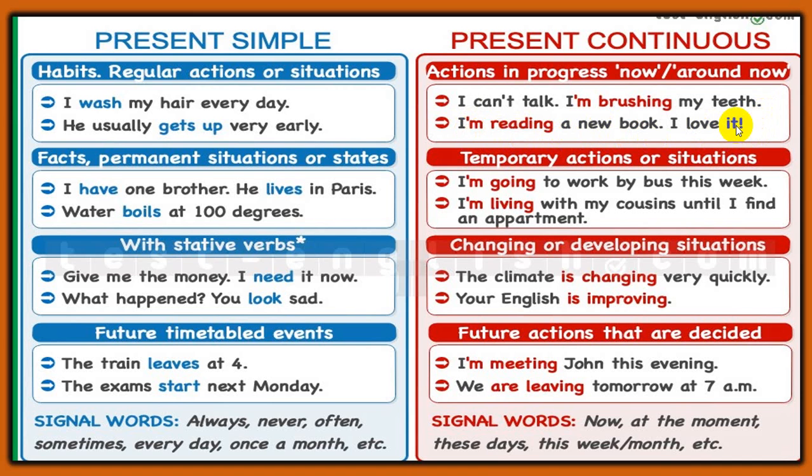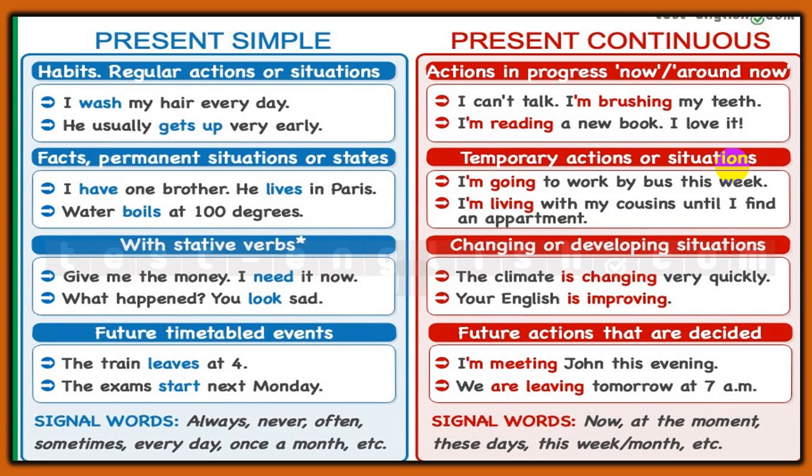We can form this tense by adding am or is or are plus the verb plus ing. I am brushing. I am reading. He is watching. She is looking. And so on. The second usage is with temporary actions or situations.